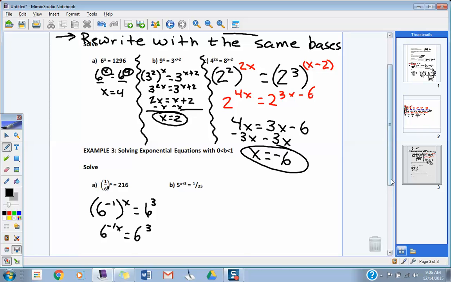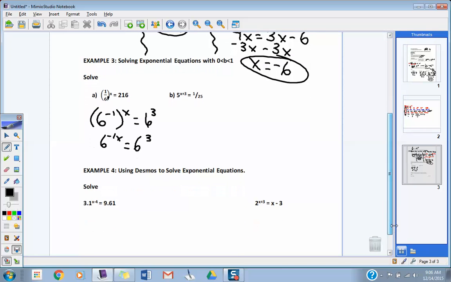What do you want to set equal to each other now to solve this? Bases are the same, so what am I going to set equal to each other? Exponents. Good. Very good. So we're going to say negative 1x here equals 3. What is 3 divided by negative 1, kiddos?